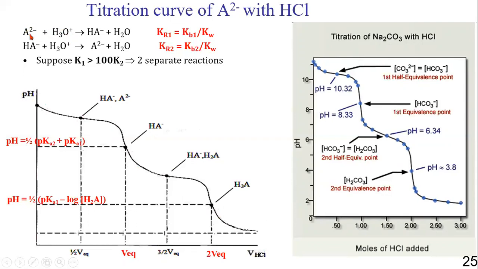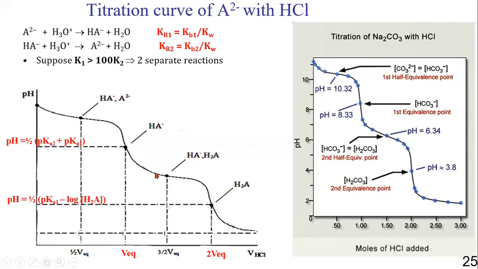The A2 minus in the first part will be converted to HA because it will be protonated by the H3O plus. Then the HA will react further with the H3O plus. It'll be neutralized further. So this is like 2 parts, remember, of a monobase.